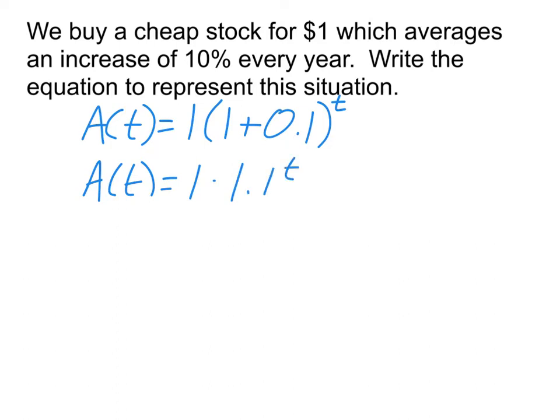But of course, that can even simplify, because 1 times anything is just itself. This 1 right here doesn't really have to be there, because 1 times 1.1 is the same thing as just 1.1. So I could rewrite this whole thing just as 1.1 to the power of t. By simplifying the equation now, I'm going to make my life easier later.